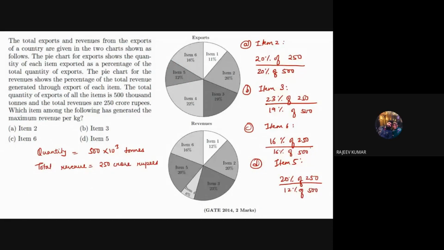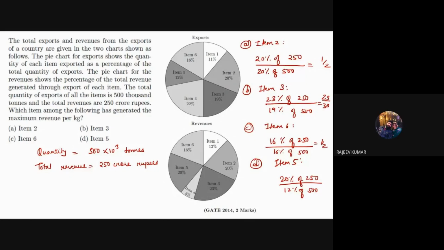ये 4 परसेंटेज आपको कैलकुलेट करने हैं, and you have to find out the maximum answer. So this will actually become 1 by 2. अगर आप इसको कट करते हो, this will become 23 by 38.